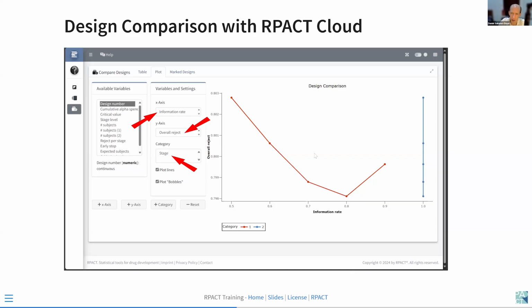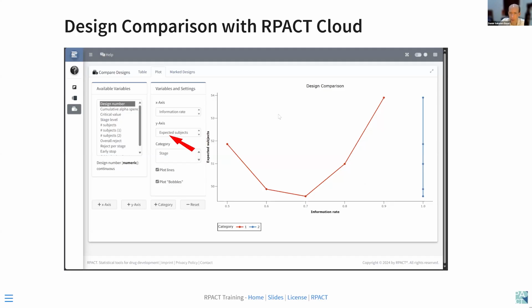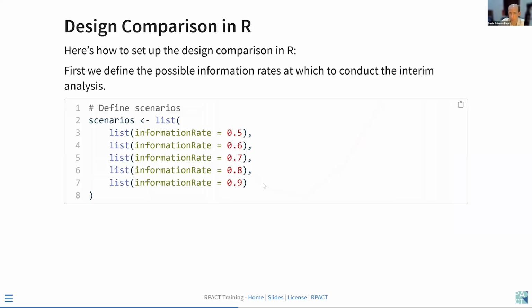So we can look at all kinds of sensitivity of power here, looking at different stages, looking at different other things. So it's pretty powerful, this plotting utility here in rpact Cloud, I would say. Okay, and for example, we can also look at expected subjects for different information rates. So all kinds of things we can explore here, which is quite nice.